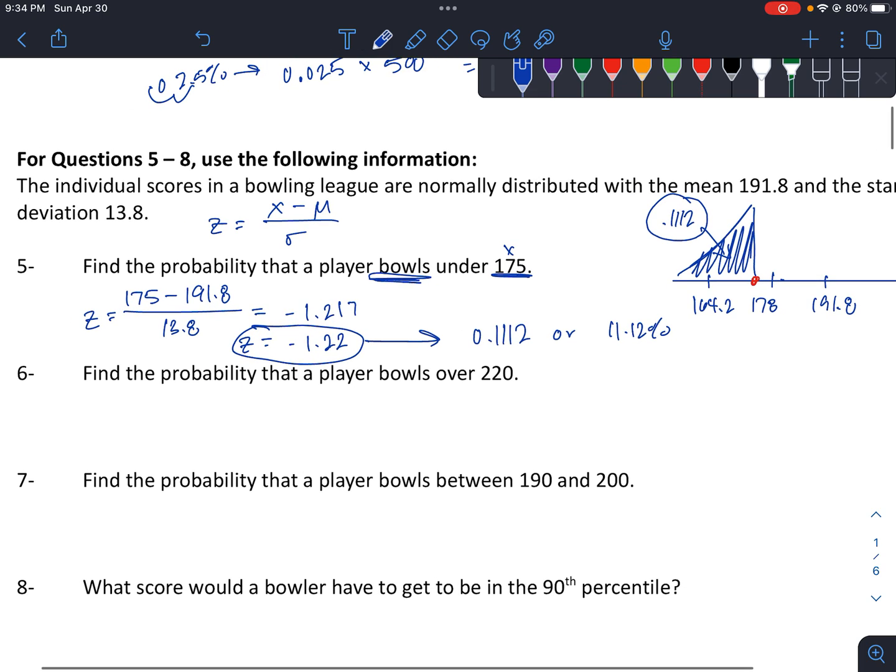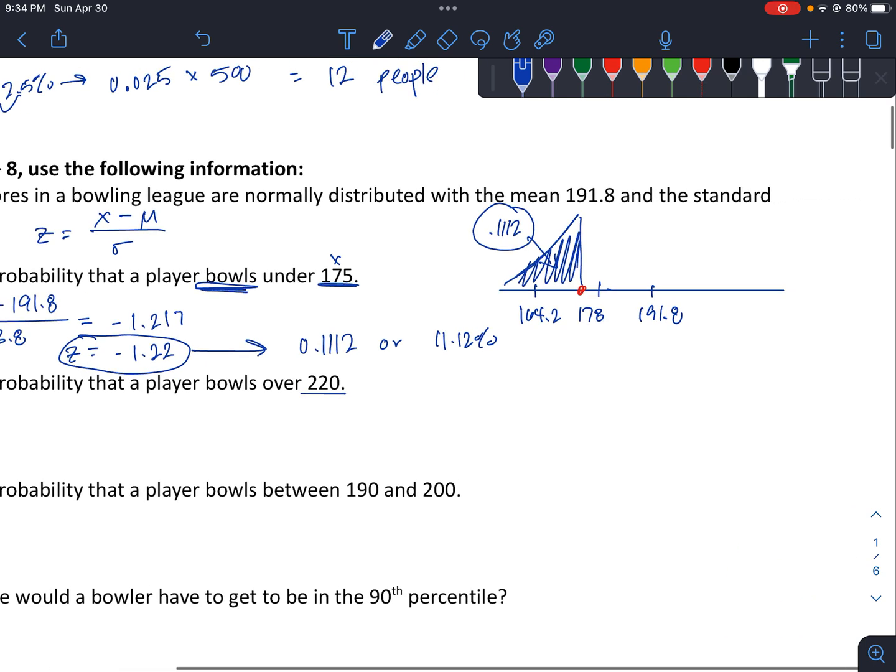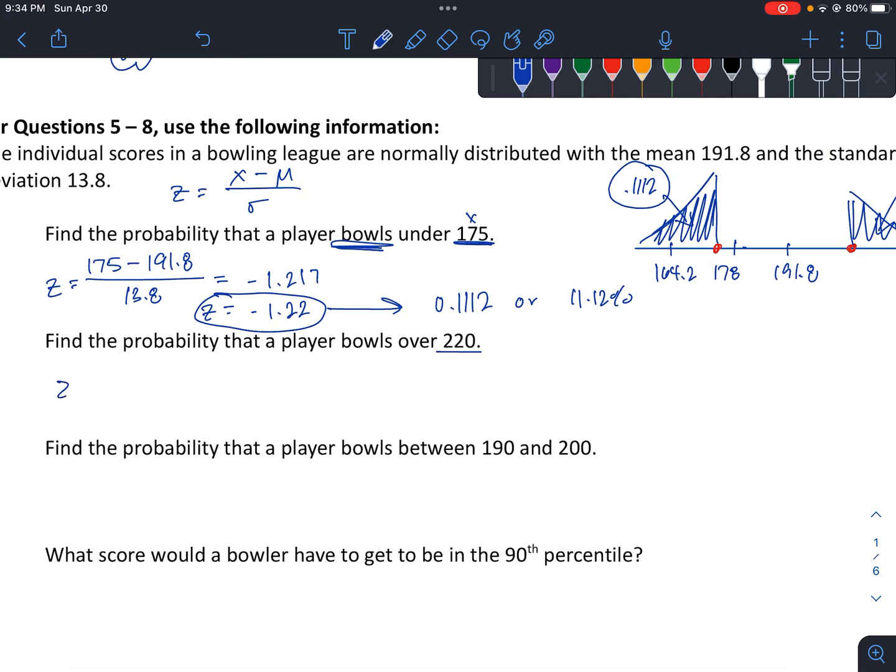All right, for the next one, find the probability that a player bowls over 220. So 220, again, that's going to be a score somewhere over here, and what we're trying to find is the probability that they score over. So I need to find this area under the curve. So first of all, let me see the z-score that's going to represent this value.